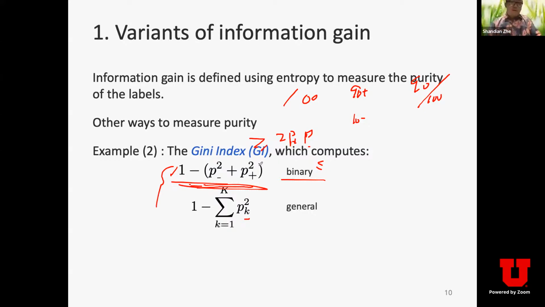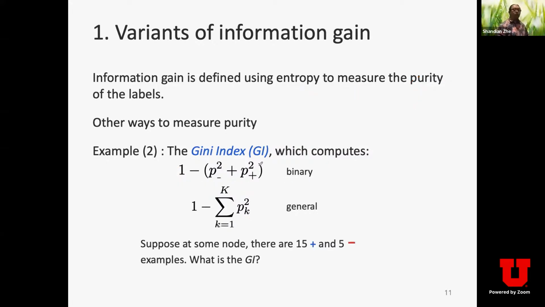So you can see that Gini index serves the same function as entropy and majority error. High Gini index indicates low purity, and low Gini index indicates high purity. Again, if we want to measure the improvement of purity, we can calculate the reduction of the Gini index.